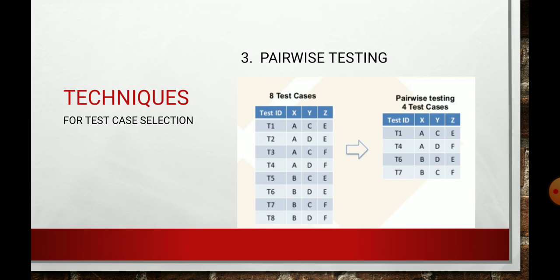So the 4 test cases, that is T1, T4, T6 and T7, will cover all your inputs in a pairwise manner, that is the combination. So the basic aim of pairwise testing is to cover all the sets of possible pairs for testing. Now let's see the next technique.